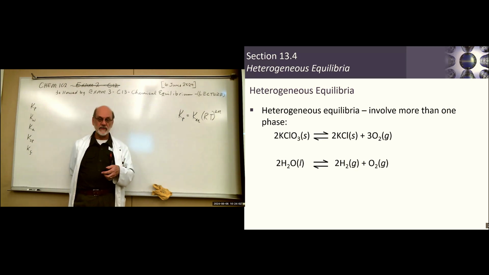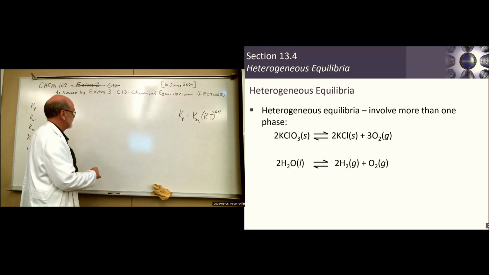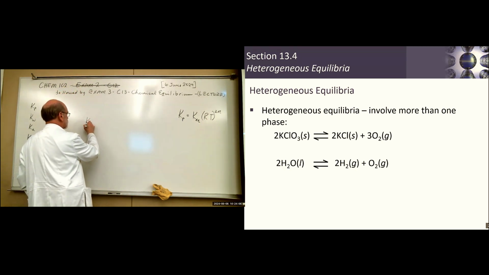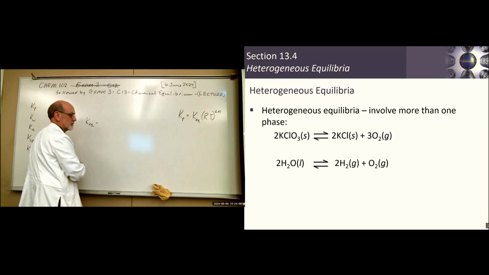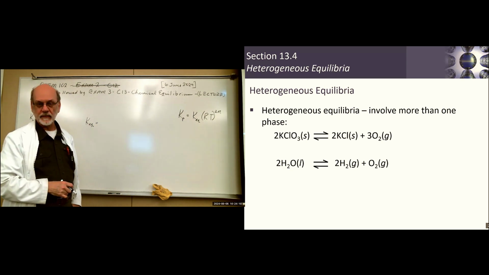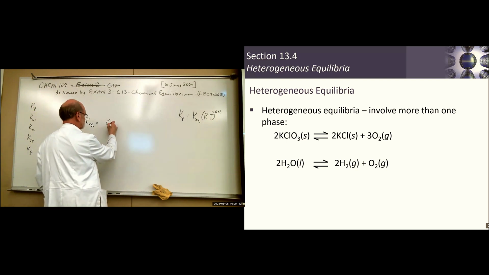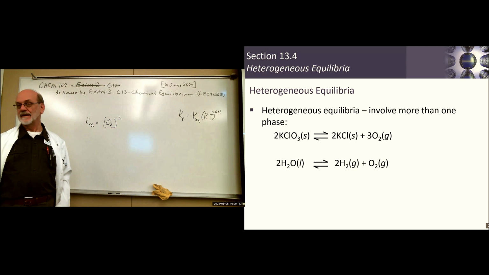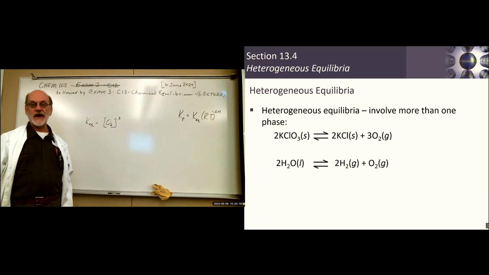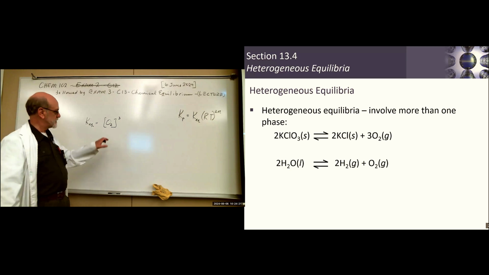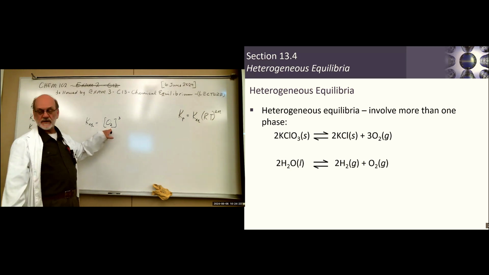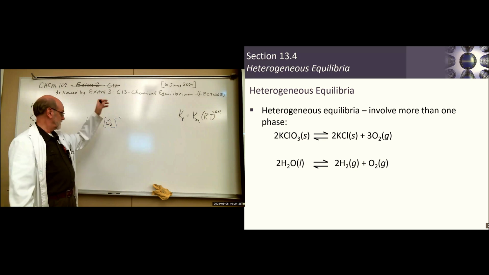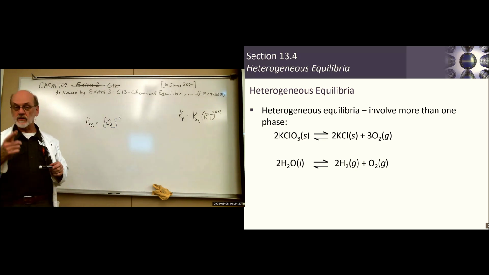So in this equilibrium, what would be the KEQ calculation for that first equation? That's it, because the other two are solids, and this is a product, so it's in the numerator. That's the whole expression for KEQ for that equation.